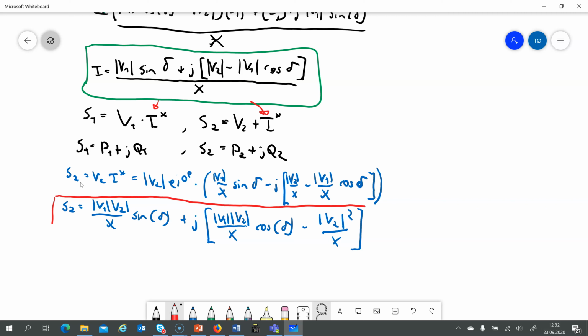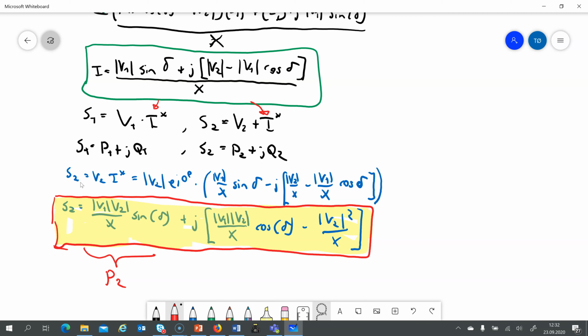This is the expression for S2, and we can mark it also. So now we multiply the V1 and V2 in, and you get V2 squared. And actually we can say that this is the P2 part, and this is the Q2 reactive power at bus node 2, if you want to calculate that.